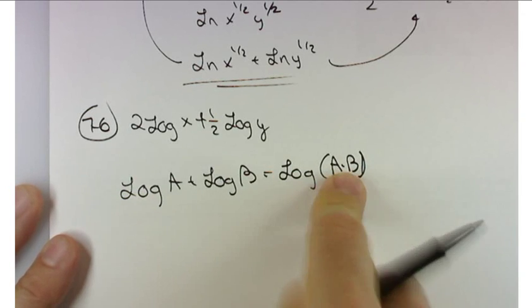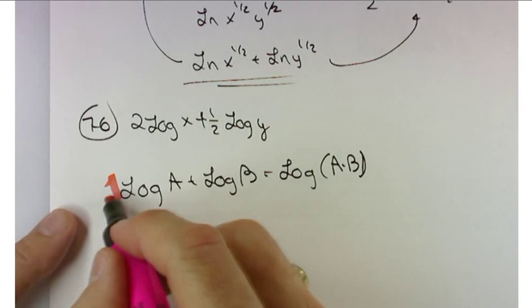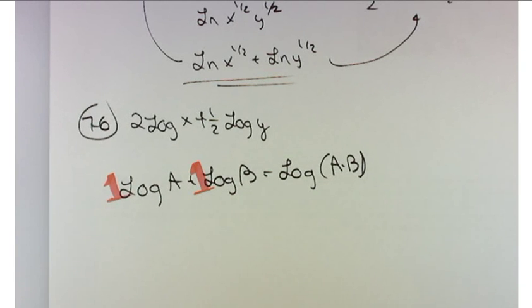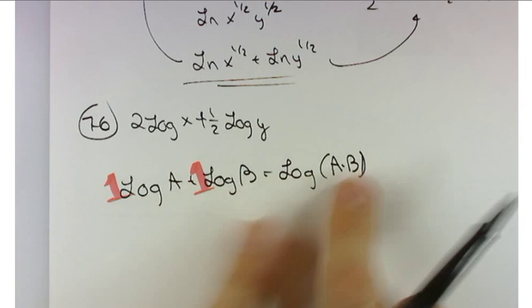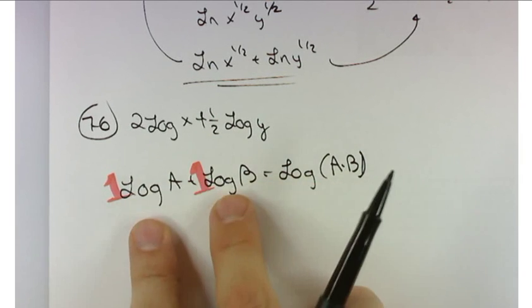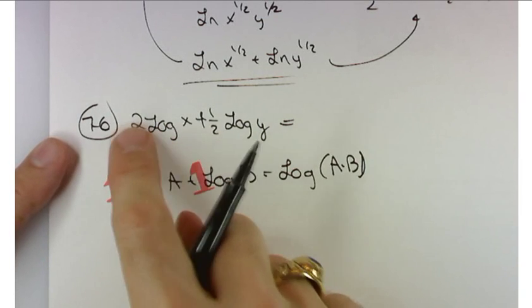Now I want to use it this direction. There's one requirement though. The coefficient of each of those logarithmic terms has to be a 1. In order to use your product rule and change this into the log of the product, you have to have a 1 here. So what could I do here to make these a 1?